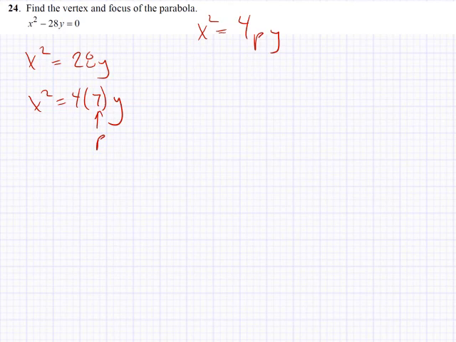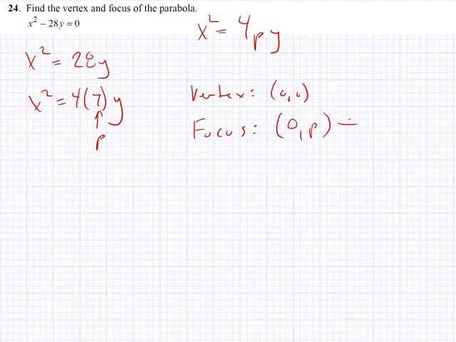Now the reason for the p there is to find the focus. So when we have this set up, the vertex is always going to be 0, 0, but the focus would be 0, p. So in this case, that would give us 0, 7.